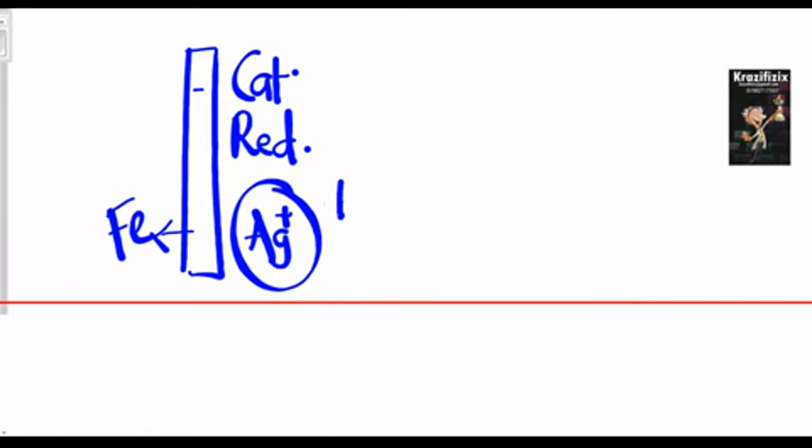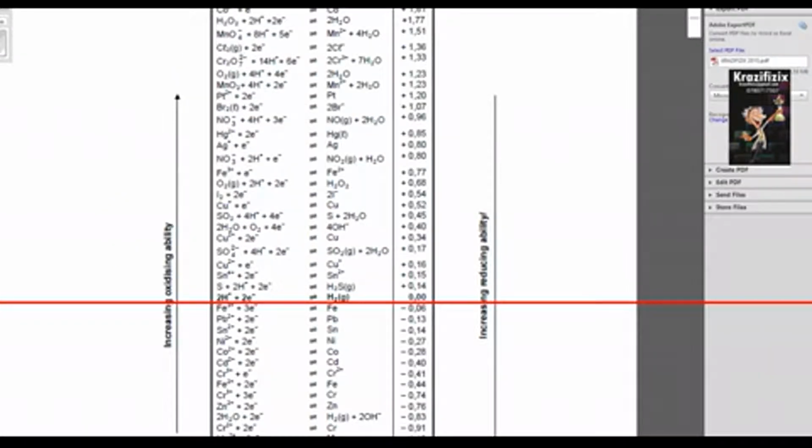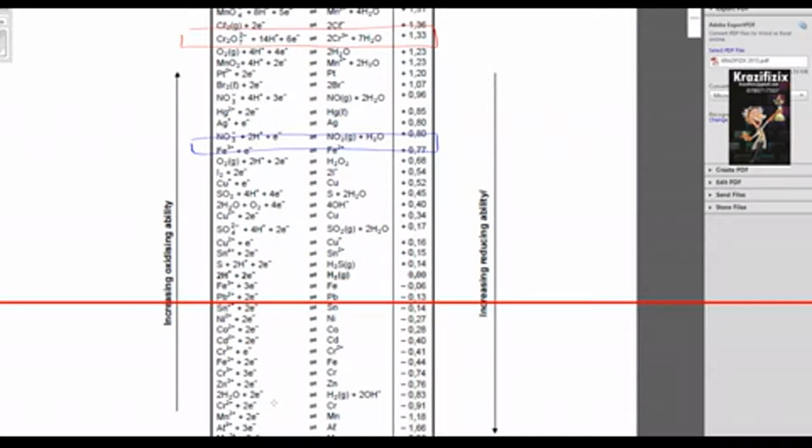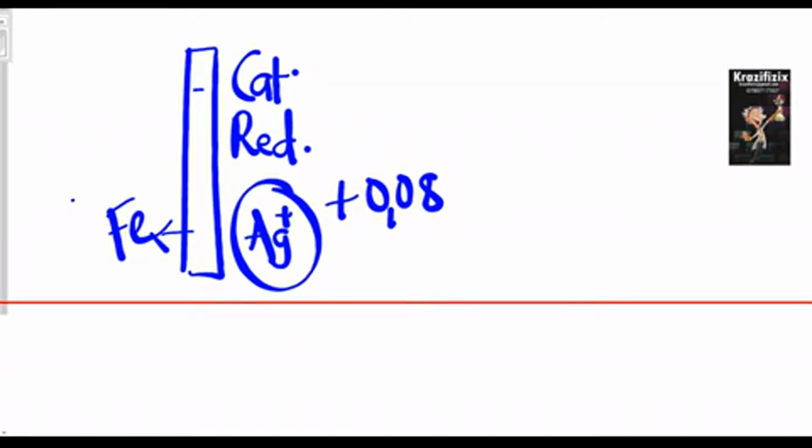And then let's look for iron. We should be dealing with iron 3. Iron 3 is negative 0.06.